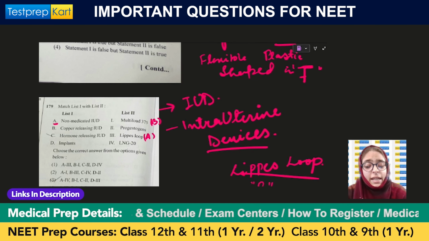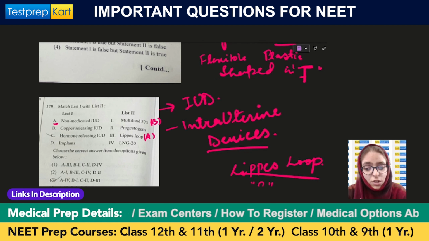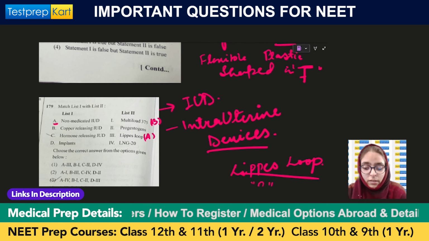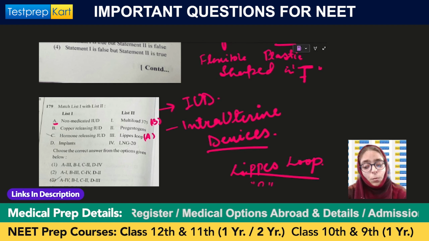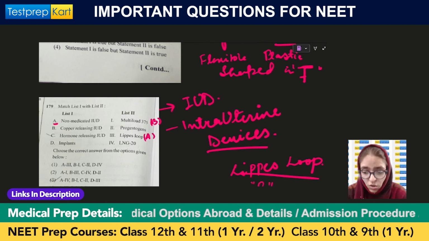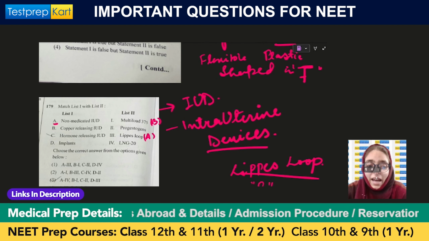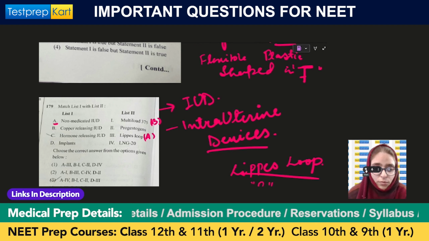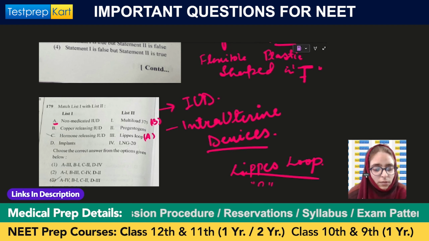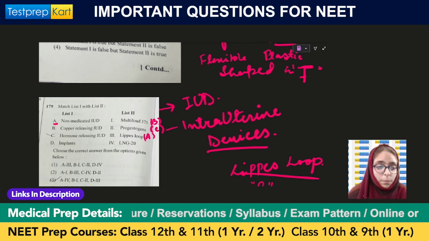They release a tiny amount of the hormone progestogen into the body over several years, which is very similar to the hormone progesterone that our body makes naturally. So progestogens is already an option, so this will match with part C.